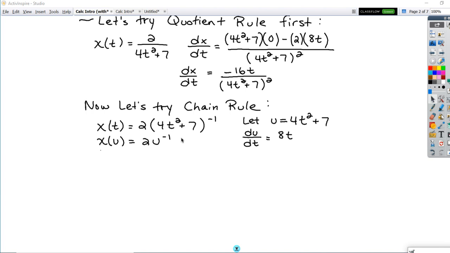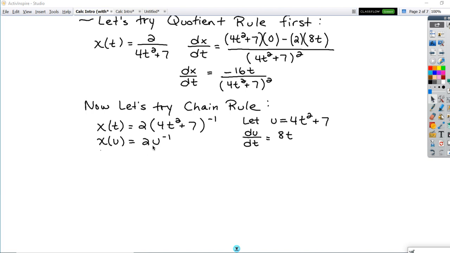So first, to use the chain rule, we had to rewrite the function with the denominator up in the numerator by using the power -1. Now we have to choose our u function. So we set u equal to 4t squared plus 7. So now x at u is equal to 2u to the -1.